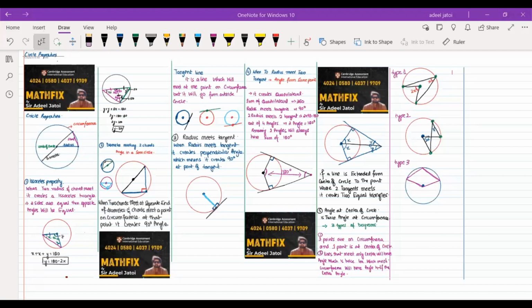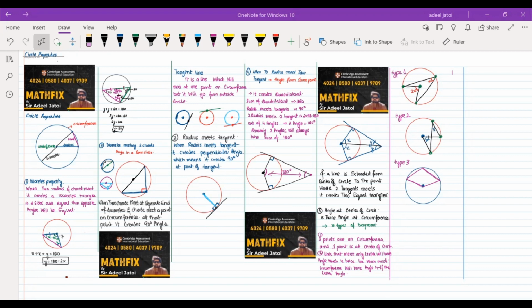If you look at the comparison of all the properties that we did in this lecture, you need to understand that in all the properties, you have one common thing. And that common thing is the center of the circle. Your isosceles property has the center of the circle. Your angle in the semicircle has the center of the circle.